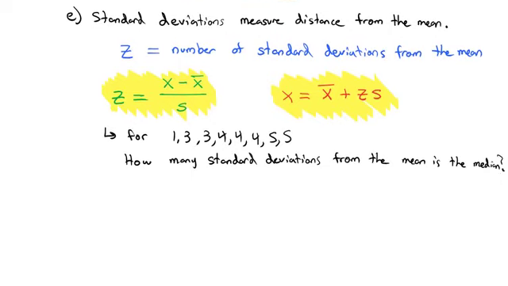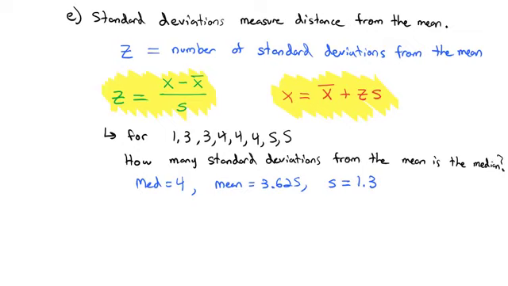Well, we've already found all these important values. We found the median is equal to 4. Also, earlier, we found the mean was equal to 3.625. And also, earlier, we found the standard deviation is equal to 1.3.